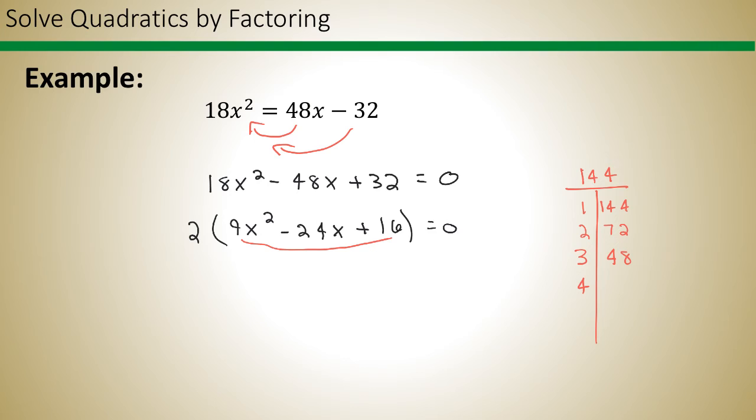Okay, 4 is going to divide it 36 times. 5 is not a factor, but 24 is, so 6 and 24, all right? 7 is not a factor. 8 and 18 are factors. 9 and 16 are factors. 10 and 11 are not factors, but 12 and 12 are also factors.